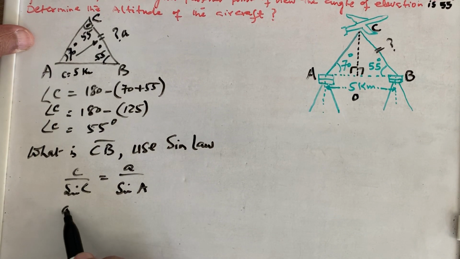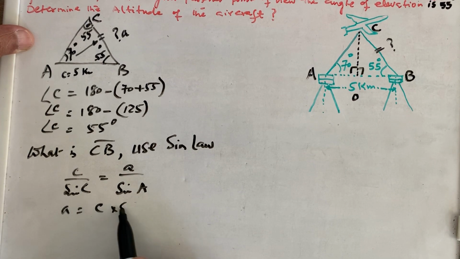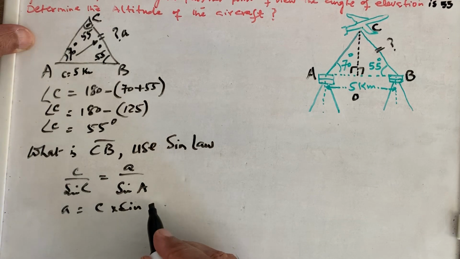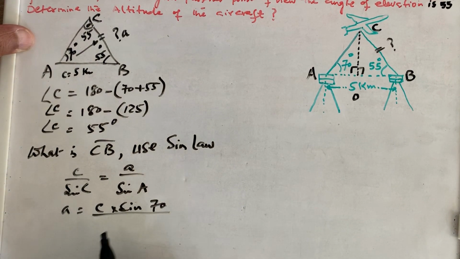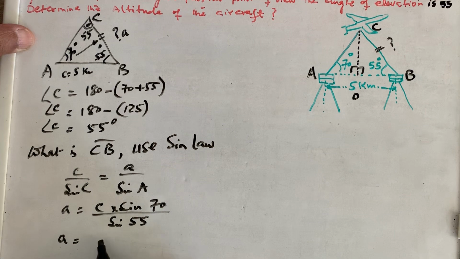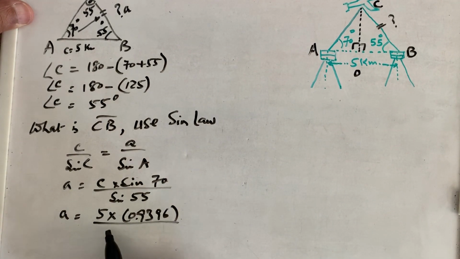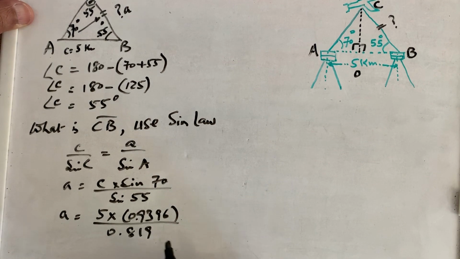So a will be equal to c times sine A divided by sine C. What is sine A? A is 70, so I'll substitute the value. And what is C? C is 55. Now I can plug in the values. c is known, 5 kilometers, times sine 70, which is 0.9396, divided by sine 55, which is 0.8192.